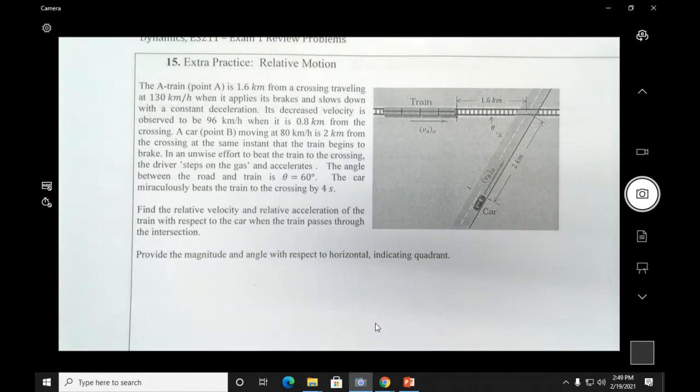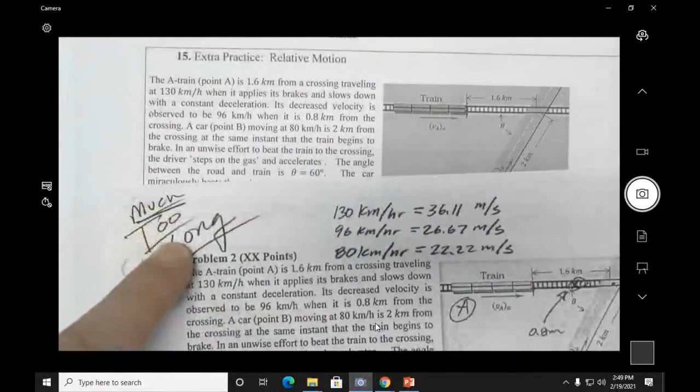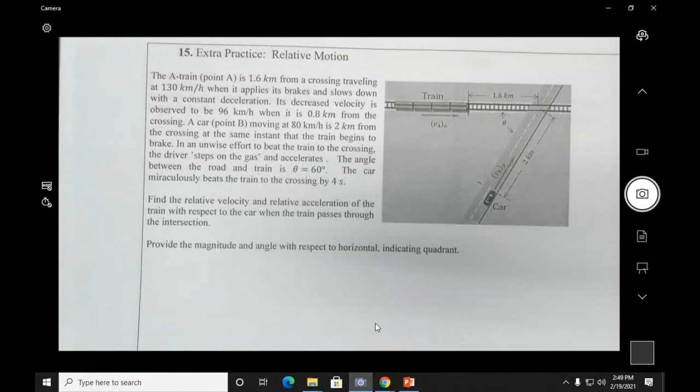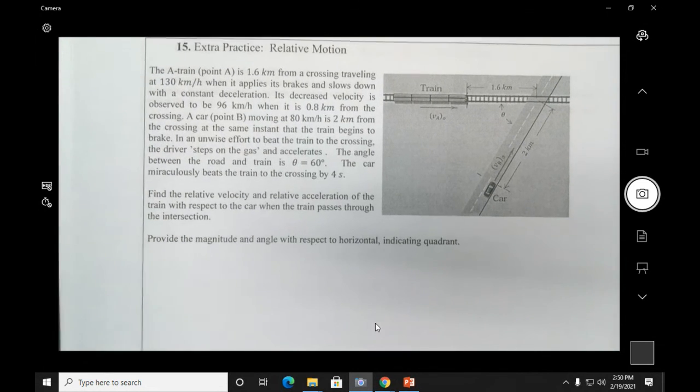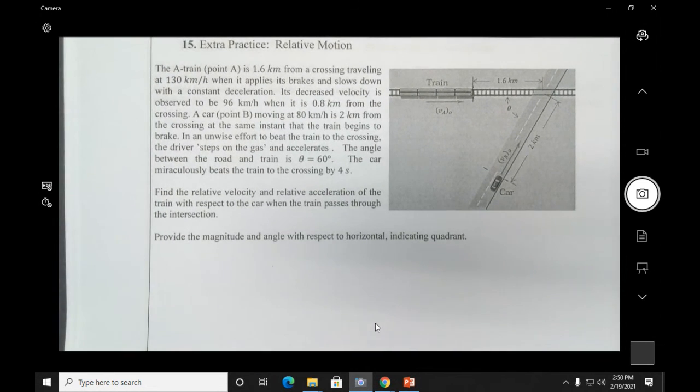It was a really long one though. I even wrote on my solution to it. Much too long. So I didn't do this problem. I don't know if I have the endurance to do it.